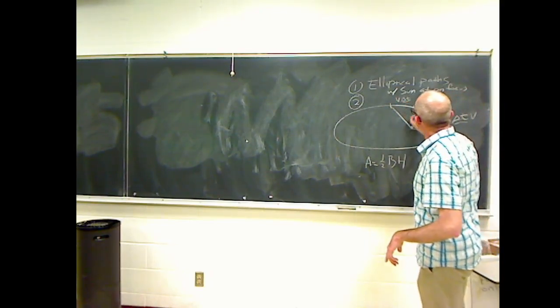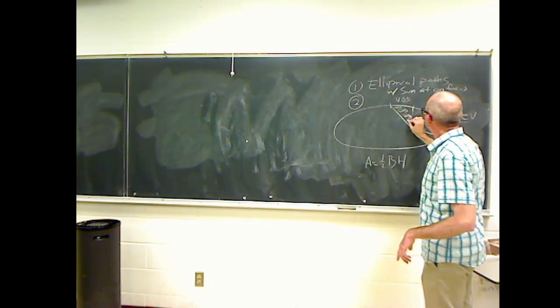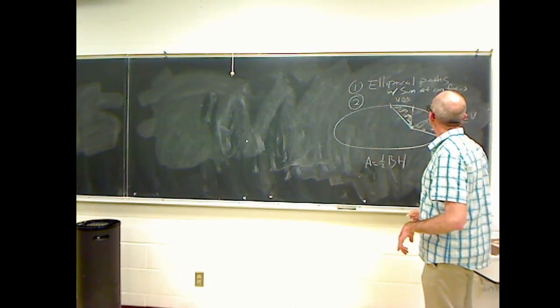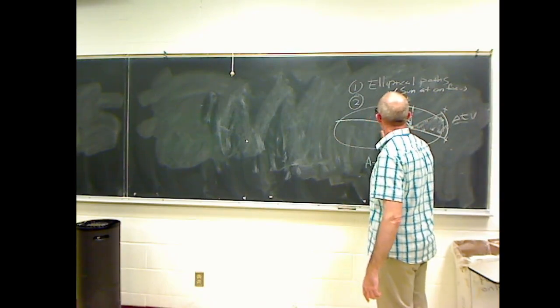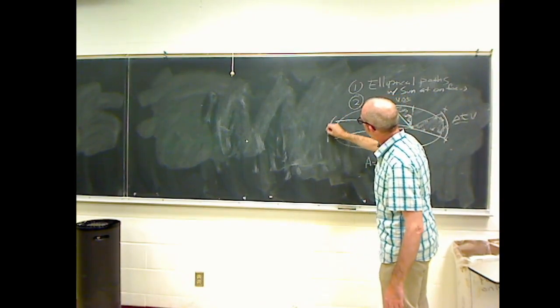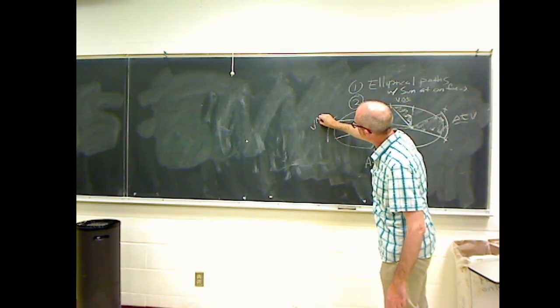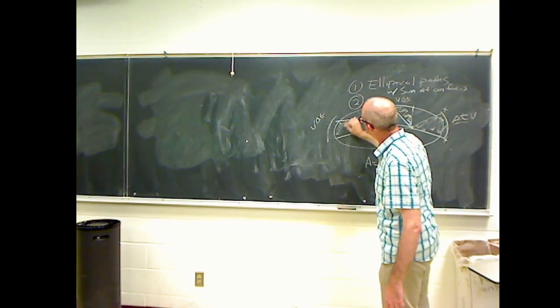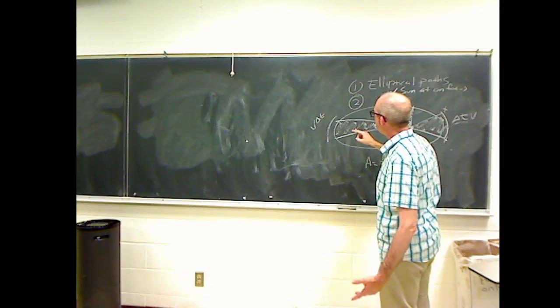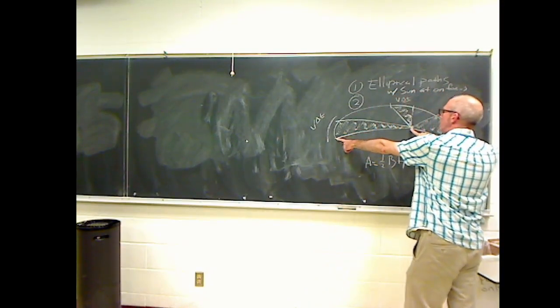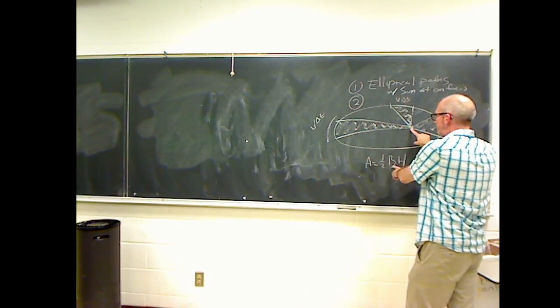Later on, I'm going to sweep out some more area. And then let's do this one over here. As I go from here to here, I'm going to travel V delta T, and I'm going to sweep out another area. But this arm length is longer, so H is higher.